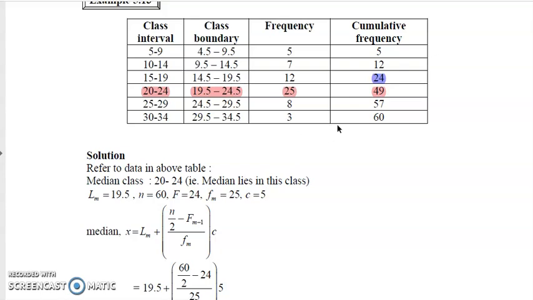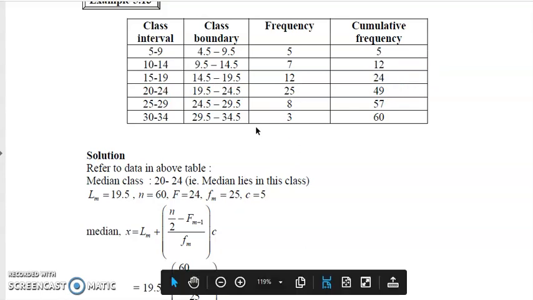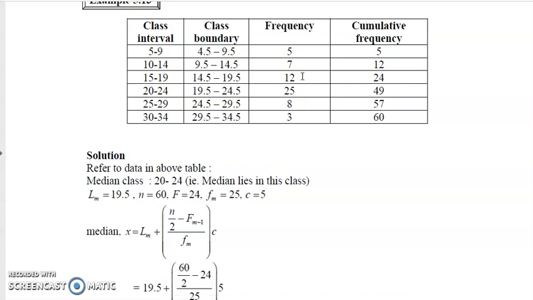I'm going to refer to this table for you. I'm going to clean this part first. So for the modal class, we are going to refer to the frequency. The highest frequency that we can see is in this row, in this class interval.